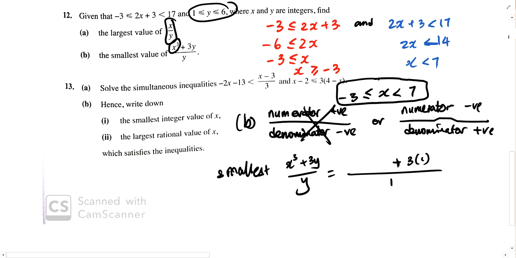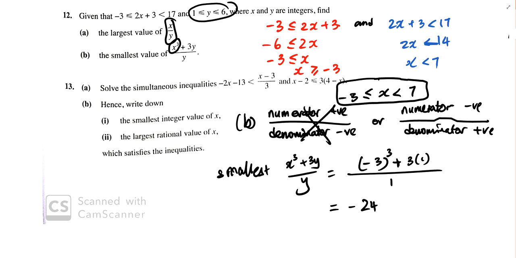And I want a negative value for x. In this case, x could be negative 3, negative 2, negative 1. To result in the smallest value, we're going to add negative 3, and I cube it, giving me negative 27 plus 3 divided by 1. So my final answer will be negative 24.